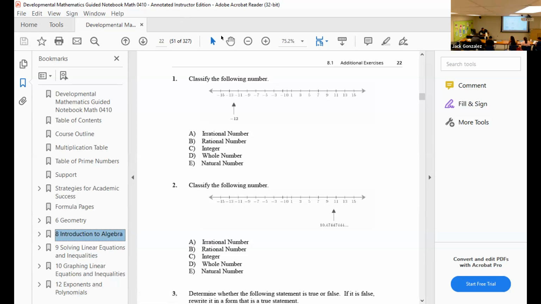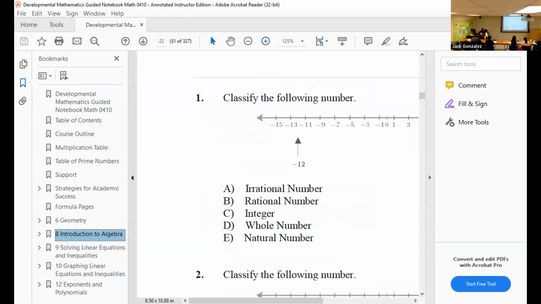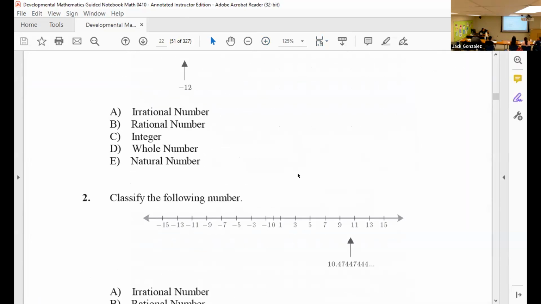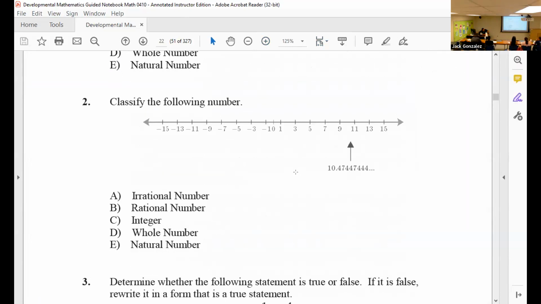Number two, we cannot see from here. Unless you can write that as a fraction somehow. That was the other part of the definition, right? If you write the decimal, if it repeats, you can write it as a fraction, or if it's terminating. It's not terminating, and it looks like it's not repeating either.